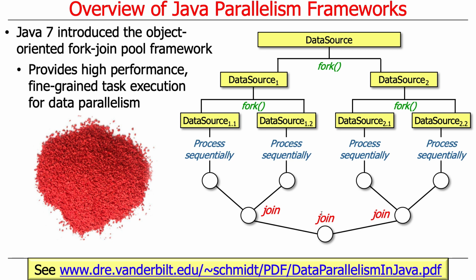Fork join pool is an object-oriented framework that gives you a high-performance, fine-grained task execution model for so-called data parallelism. And that basically means that we take the data and we split it up into chunks by forking. So you take some source of data and you fork, fork, fork, fork, fork until you have little atomic-sized chunks, kind of like your array spliterator.